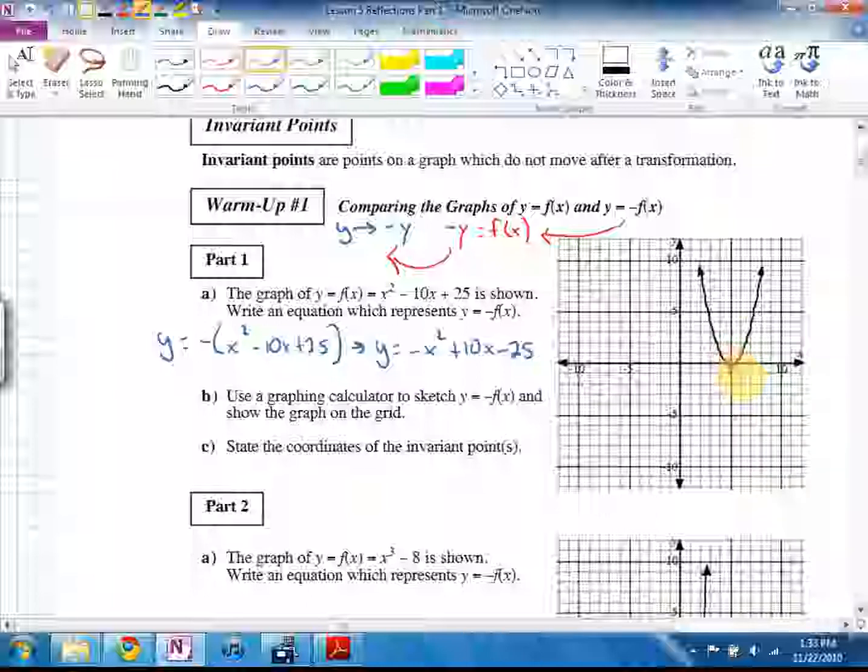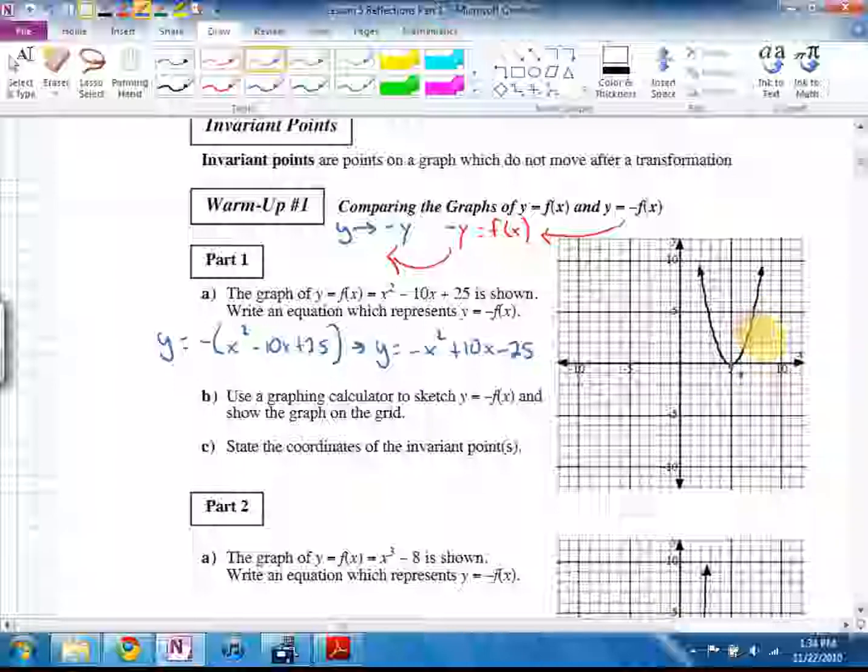Right here, how high am I, Hannah? 1. You know what it's going to become? Negative 1 high. The x value stays the same, but the height becomes the opposite, because we're taking negative y. This point right here, how high is it? What's it going to become? Negative 4.